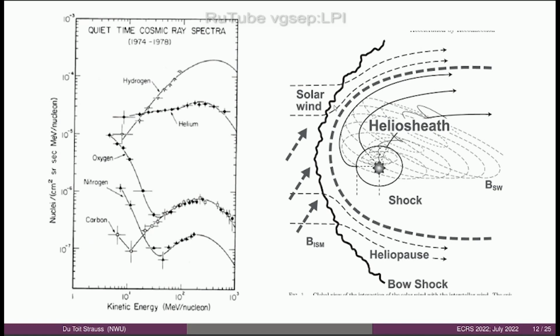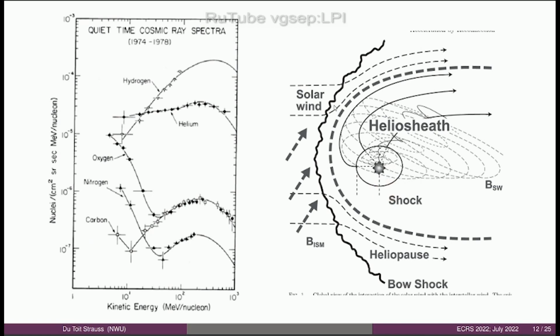It starts with interstellar neutral matter, say neutral oxygen, which is not affected by the magnetic field. These neutral particles enter the heliosphere. There they can be ionized by a bunch of different processes, charge exchange, photoionization, all these processes. When they get ionized, they start feeling the magnetic field, so they have to be picked up by the magnetic field.